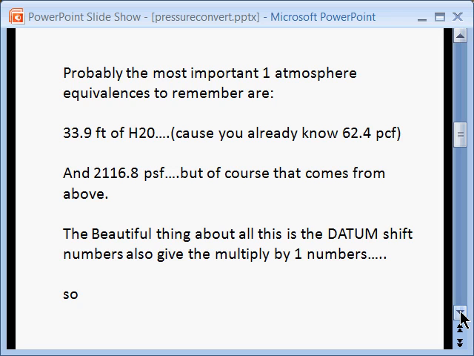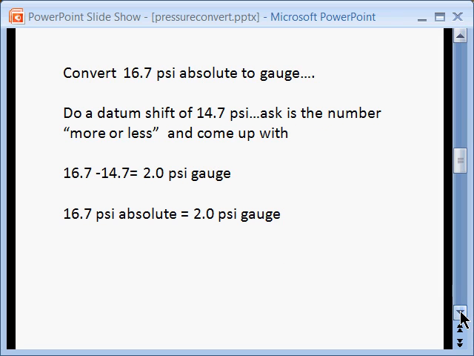Don't memorize in the end. You might memorize that 33.9 feet of water divided by 14.7 is something like 2.3. That's a number that a lot of people know, converting from a foot of head to amount of psi. But you're better off just keeping with the datum shift numbers so you don't have to carry too many in your head or in your black book.